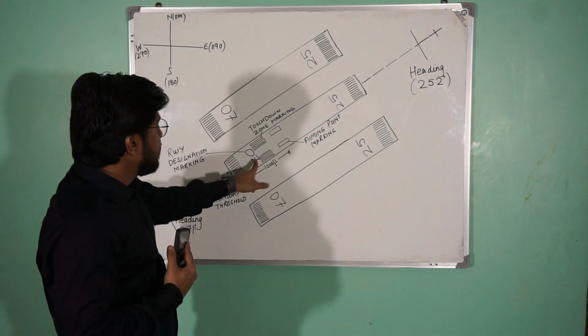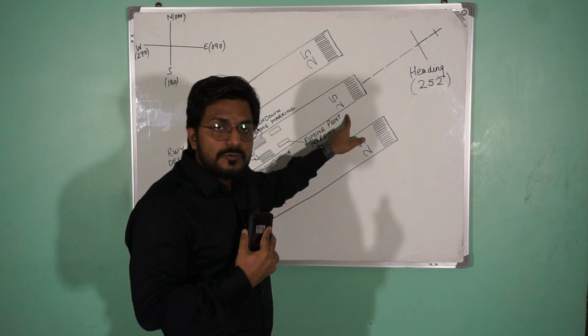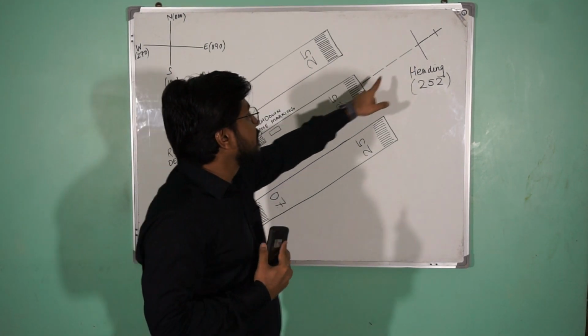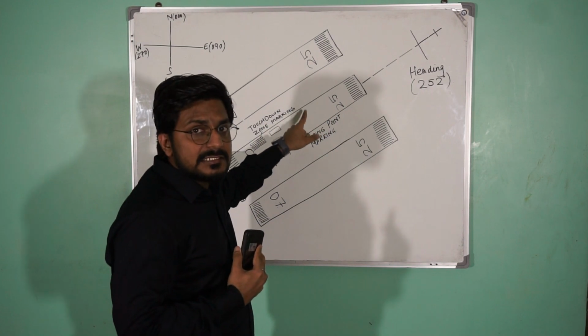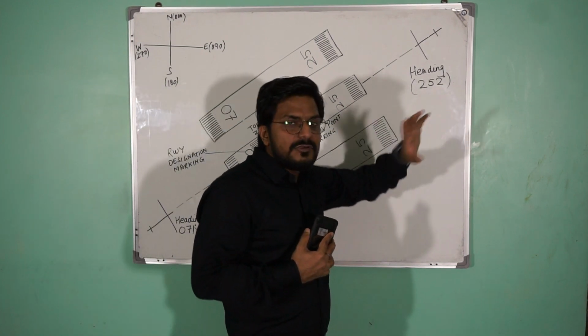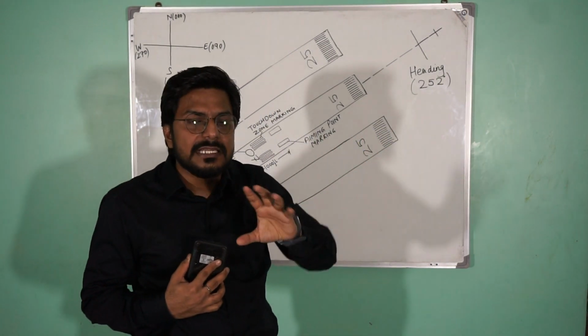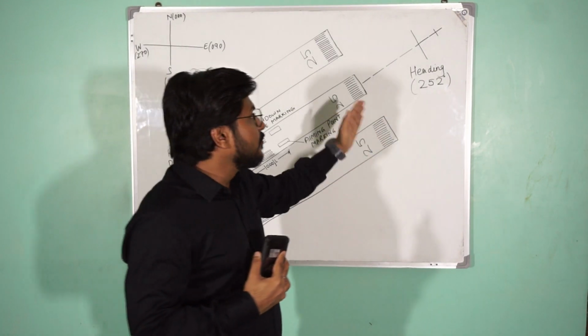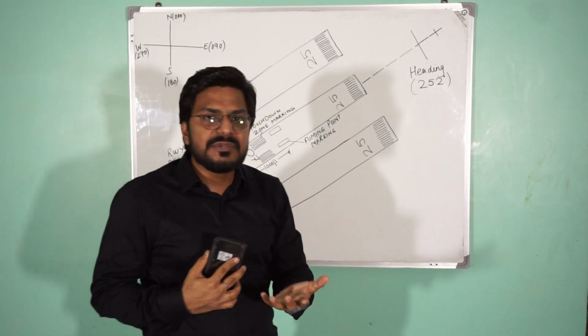Here you can see runway 07 and runway 25. If this aircraft is aligning or coming to land on runway 25, then its heading will be around 252, approximately 250. It can be a 1-2 degree offset from 250, that can be considered.